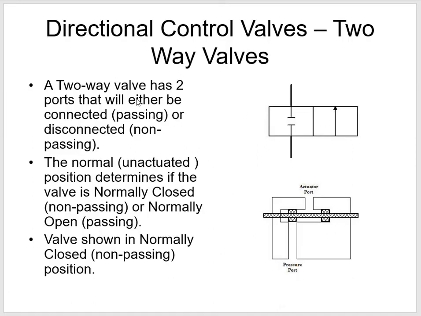Okay, so here's a 2-way. And you can see in this one, there are passing or non-passing, and obviously in this envelope it would be non-passing because our fluid would come to this point and be blocked. That's what this little T stands for, and the upside down T means it's blocked in that direction as well.